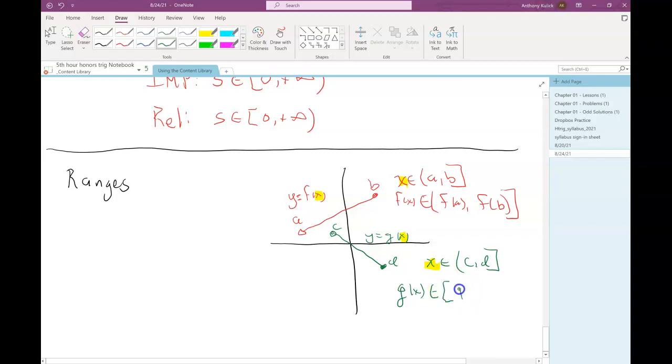So I'm going to have g of d, and I have the bracket there because the bracket comes with the d from the domain. And the highest part of that graph happens when x is equal to c. So my upper bound is going to be g of c, and then the parenthesis from the domain goes with that one. Mackenzie.